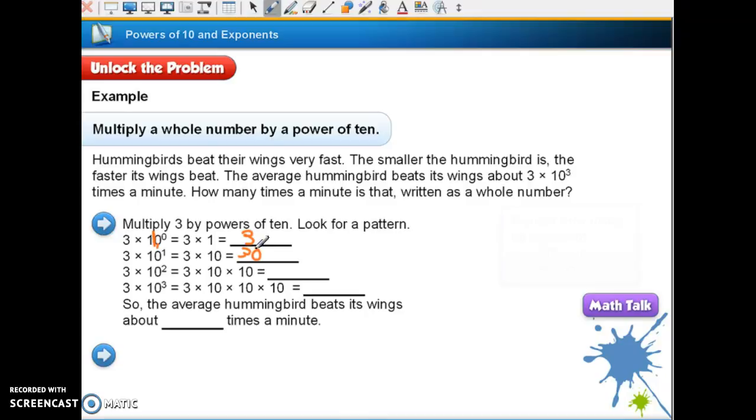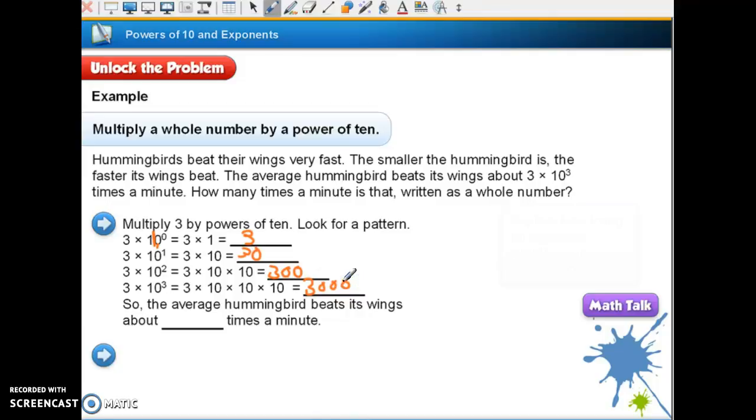So we have 10 times 10, which is 100. And we're going to take 100 times 3. And we're going to get 3 times the 3rd power of 10. So now we're going to multiply 3 tens, which is 10 times 10 is 100 times 10 is 1,000. Times 3 is 3,000.